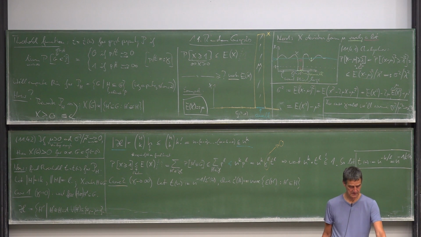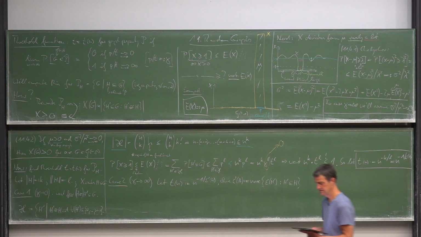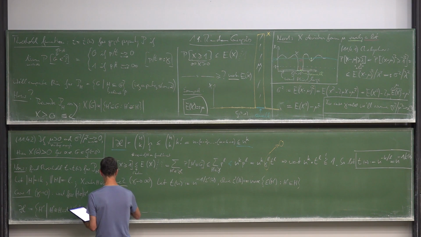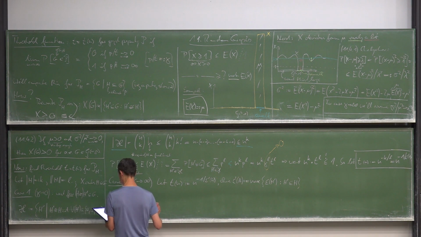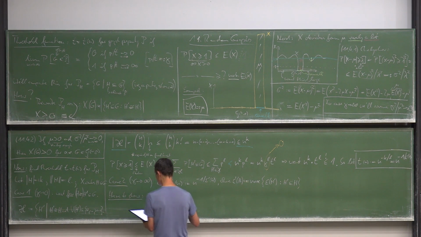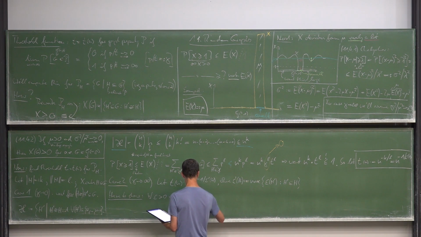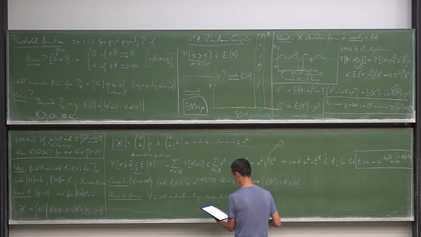Okay. We have to show, for all epsilon bigger than 0, no matter how small, and all n large enough, we have the following.